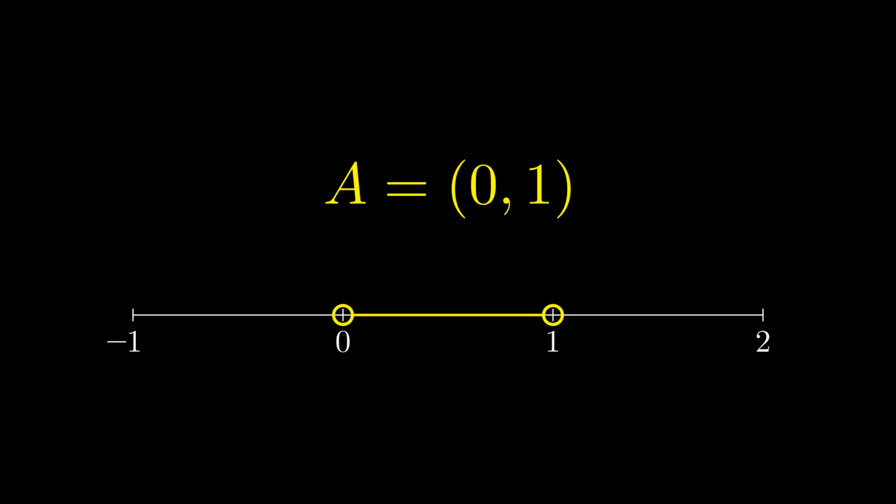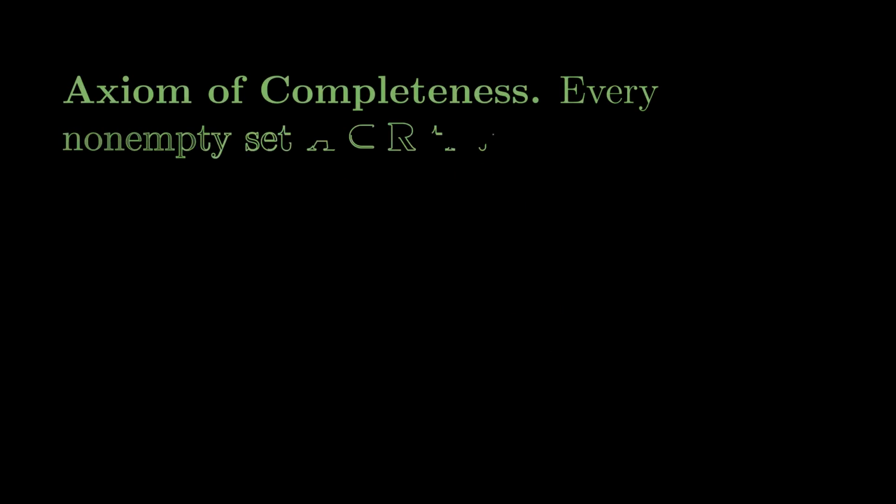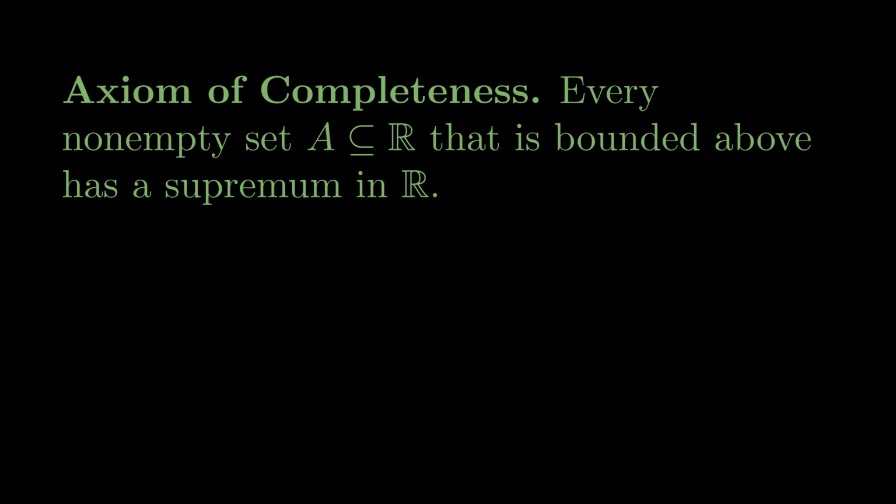It doesn't have a maximum, doesn't have a minimum, but we would say that the supremum of A is 1, and the infimum of A is 0, because there's no smaller upper bound than 1, and there's no greater lower bound than 0. Now let's state our final axiom. Every non-empty subset A of the real numbers that is bounded above has a least upper bound in the reals. That is to say that the supremum of A exists and is a real number.